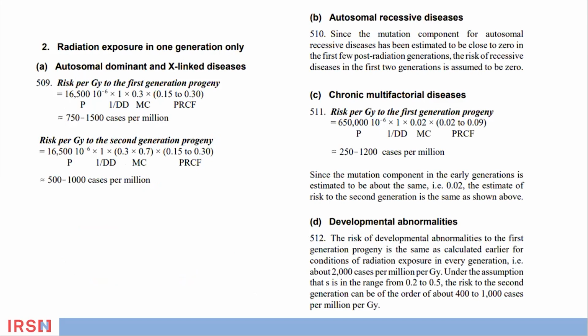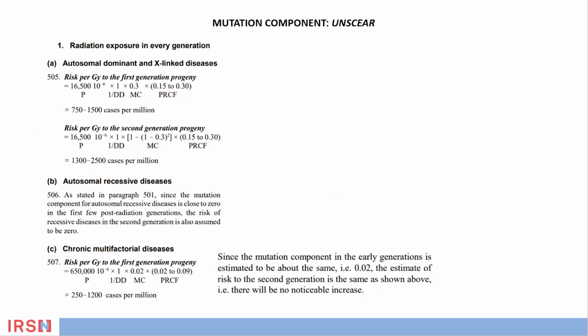This one, back? Oh, okay. It's the baseline, yes, from the equilibrium. This one is the doubling dose, it's 1 gray. And for the mutation component, for example for autosomal dominant and X-linked, it's 0.3. 60 per million.